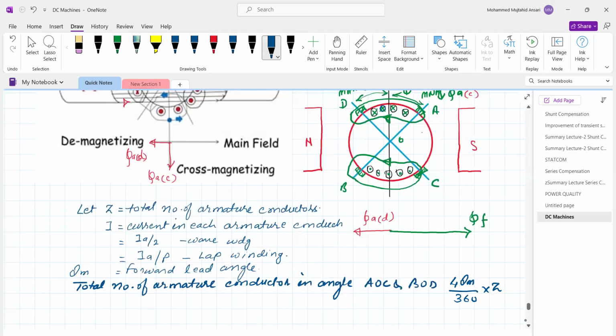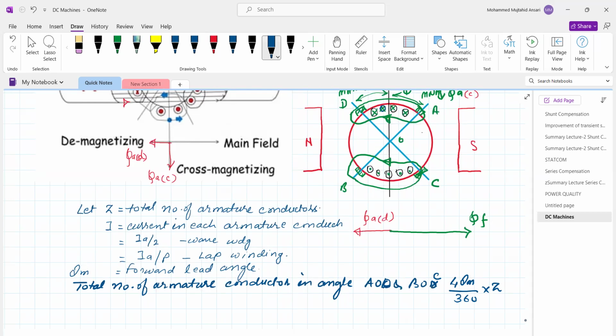Sorry, this is AOD, it is not C, it is AOD and BOC. This is angle theta m, 2 theta m here, and this is 2 theta m. So 4 theta m divided by 360 multiplied by Z.